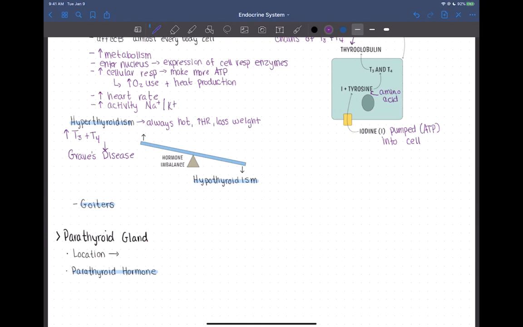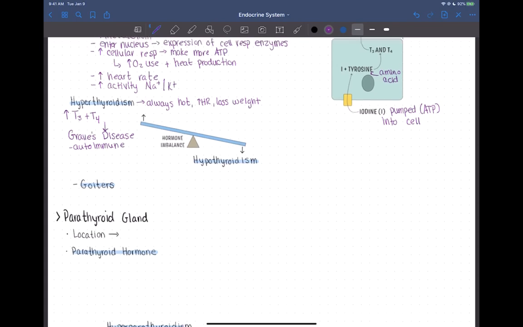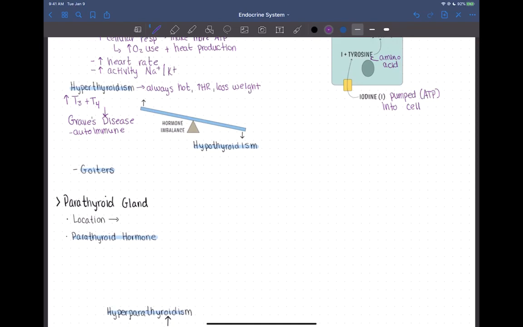All right, so Graves' disease is an autoimmune condition where there are antibodies in the body that will be against the receptor for thyroid stimulating hormone. All right, and so what it actually does in Graves' disease, and I think this is really fascinating, is that antibodies mimic thyroid stimulating hormone.